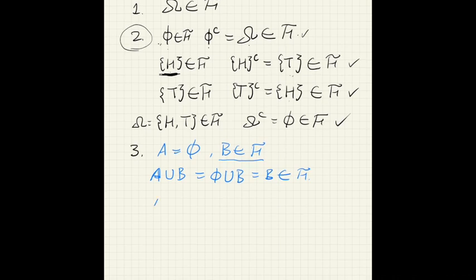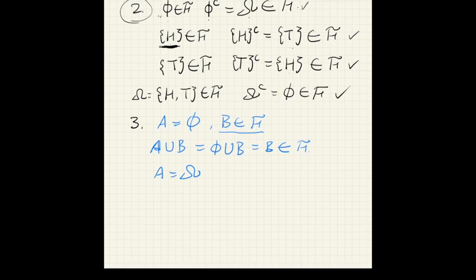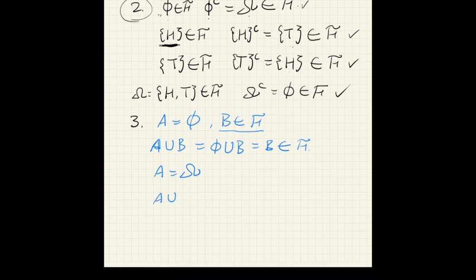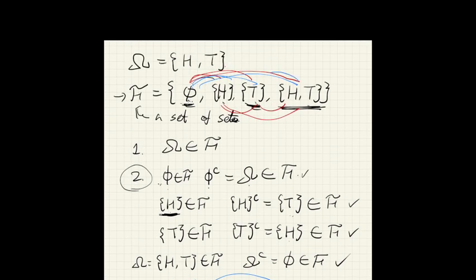Then let's say A is omega itself. Then A union B is omega. So omega union B, where B is assumed to be an element of F, is necessarily omega itself, which is a member of F. So these pairs are okay.